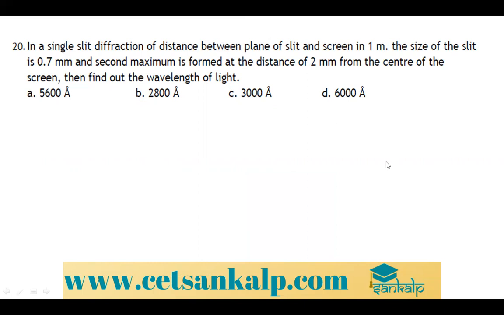Okay, to understand this, I'm going to draw the diagram. So I'm going to have the single slit. This is the screen. From this point to here, we are going to have the straight line.